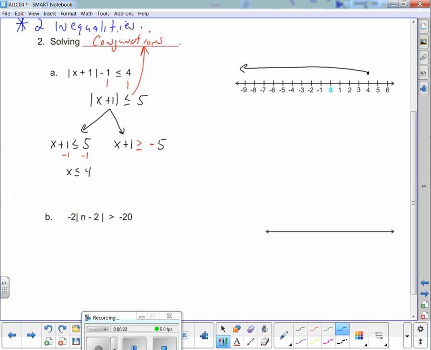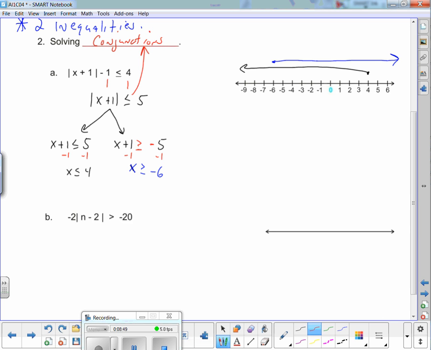I'm going to do the other one in blue. Let's add a negative 1 to both sides again to isolate the radical. And this one's done, x greater than or equal to negative 6. What does that mean? Dot over the negative 6, arrow to the right.